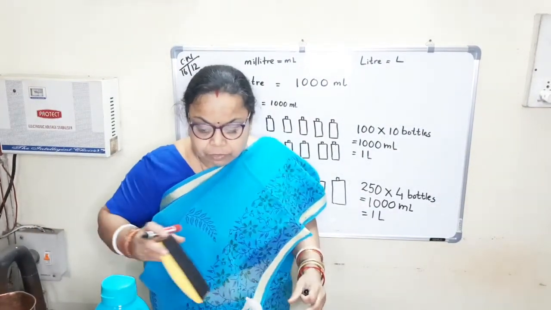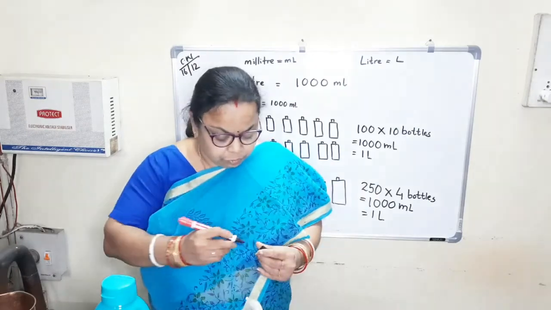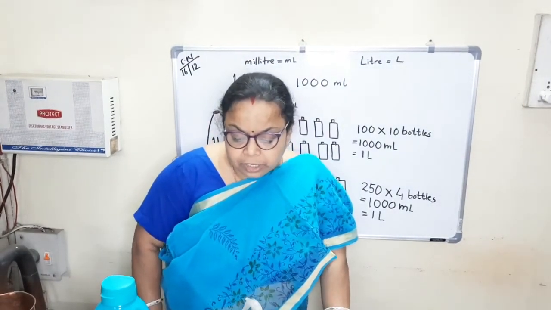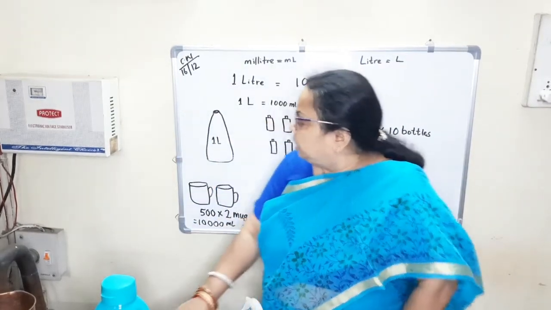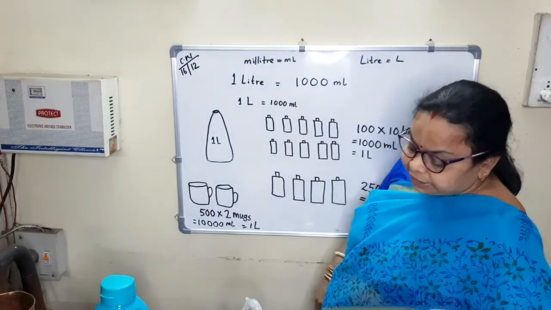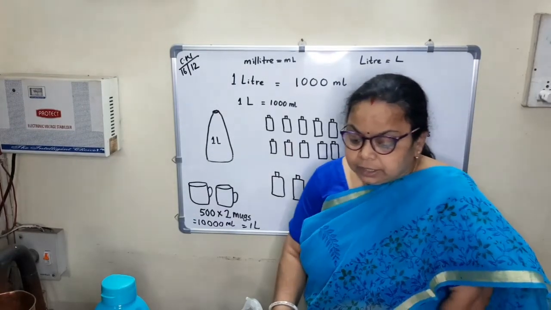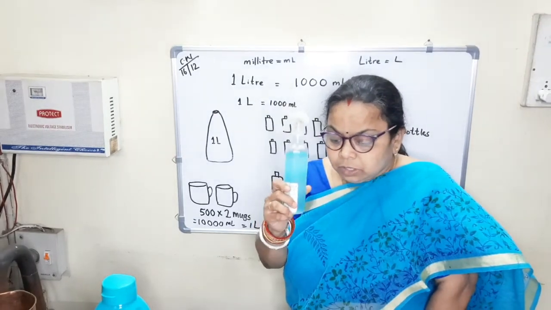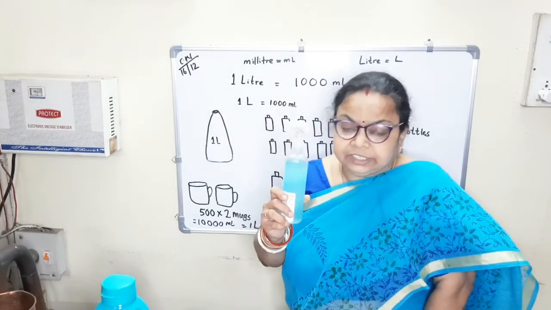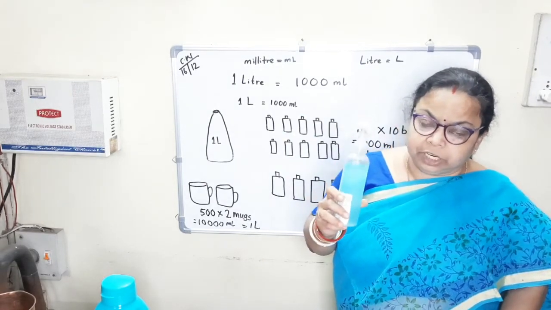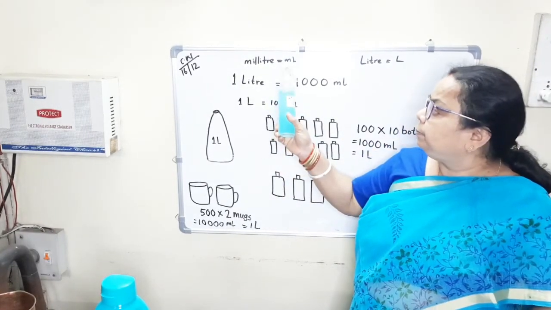Children, what do we know about the smaller measure? For measuring the capacity of the small container, we use the smaller measure that is known as milliliter.